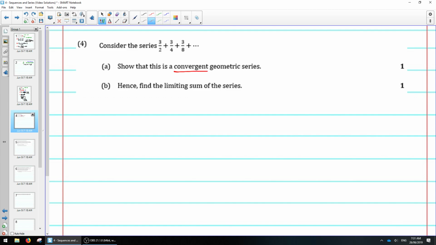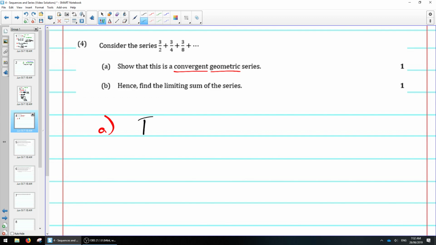We need to first show that it's a geometric series, but we also need to show that it's a convergent geometric series. Meaning that we'll need to show that there is a common ratio, and that the absolute value of the common ratio is less than 1. So let's just get right into it. To first show that it is a geometric series, we're going to do just like we did in that very first question, except without subtraction, we're going to do division.